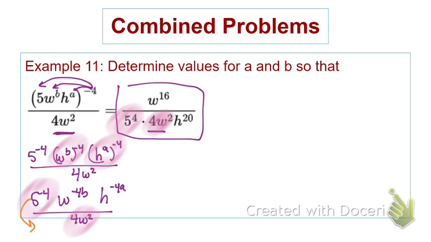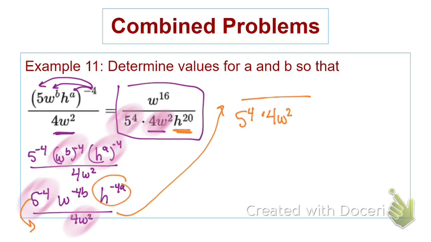So this is just going to move down to the denominator and become a positive exponent. The other thing I see here is this h factor. That's also in the denominator. So I'm going to take this, and again, luckily it has a negative exponent. That's going to move to the denominator and become a positive exponent.